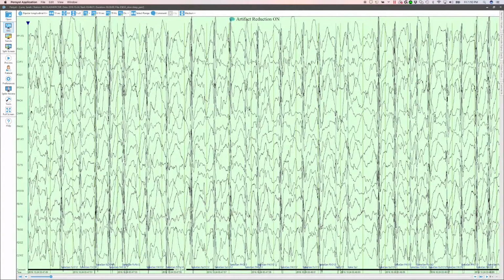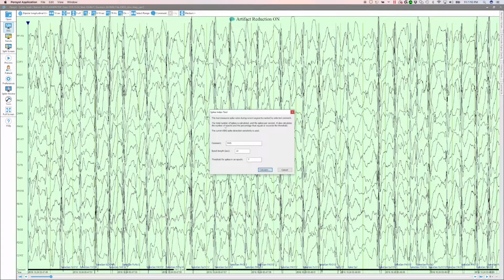The new tool for spike counting is called the Spike Index tool. A section of the record has been marked as slow wave sleep. And we have determined that our epochs are 10 seconds, and the threshold will be 7 spikes during an epoch.